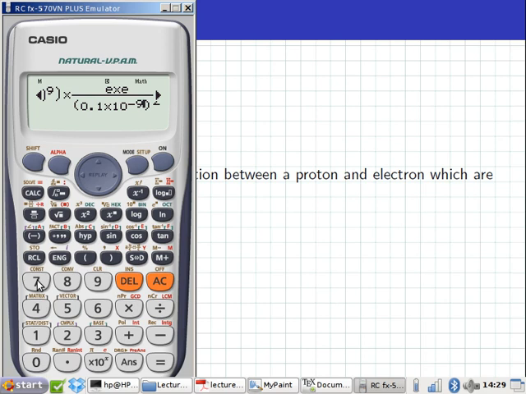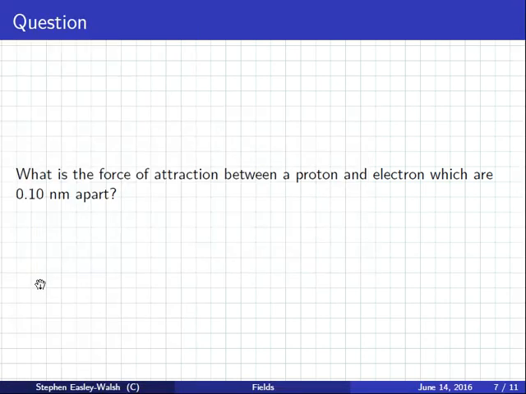So the force between the proton and the electron is still pretty small. It's measured in nanonewtons. 23.1 nanonewtons. Do you have to put negative for the other direction? The minus is only going to tell us the direction, and I already asked the question what is the attraction force, so you don't need to give the direction again. Continue, guys?